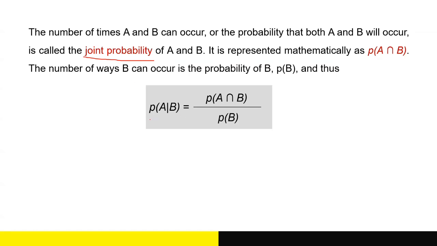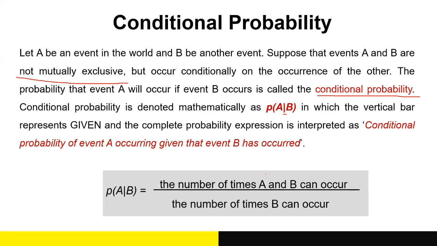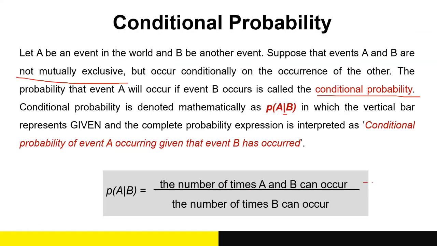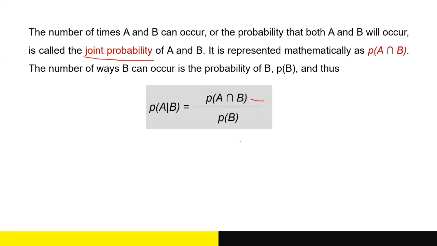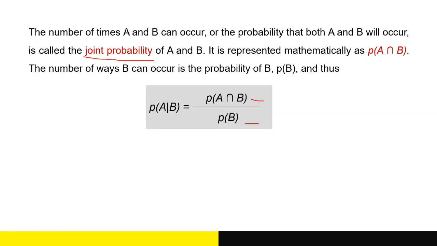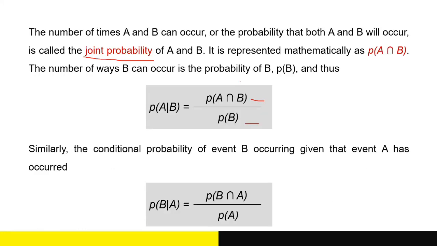So this mathematical equation is derived from this expression, where the probability of events A and B both occurring together is the number of times A and B can occur, and the probability of B is the number of times B can occur. And then, similarly, the conditional probability of event B occurring given that event A has occurred.